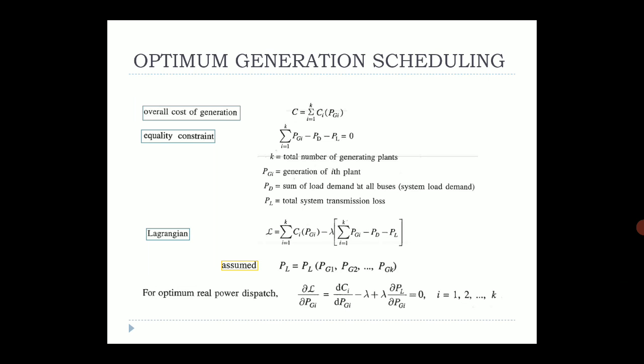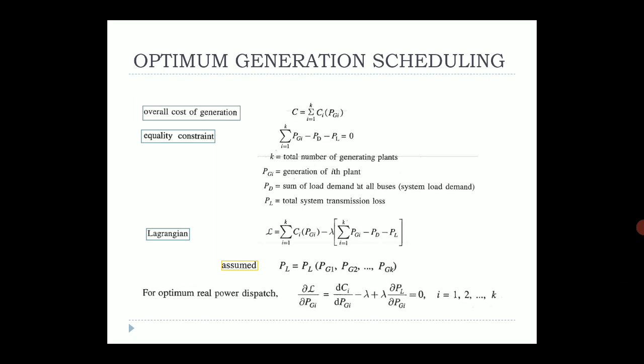Then we have an equality constraint, but compared to the previous equality constraint where the transmission losses were not accounted for, you now have an extra part PL. PL here is the total transmission loss. So the total generation minus the demand minus the transmission loss is equal to 0. It is a new equation now.